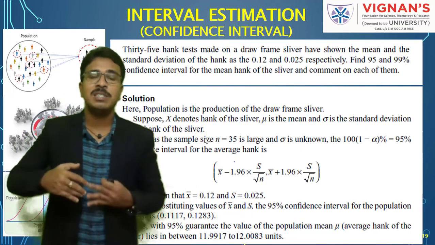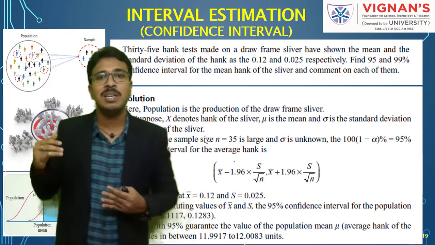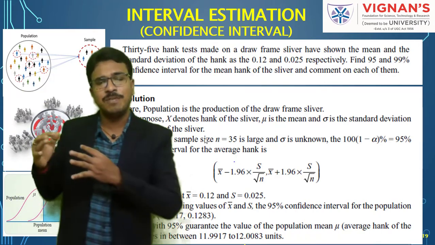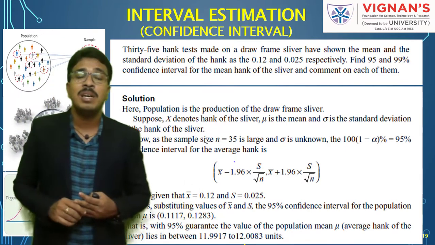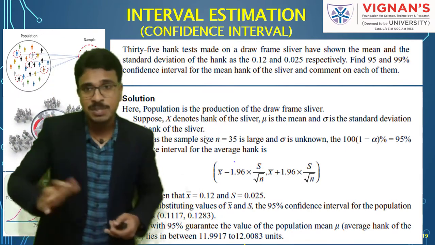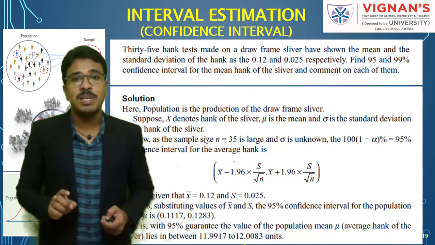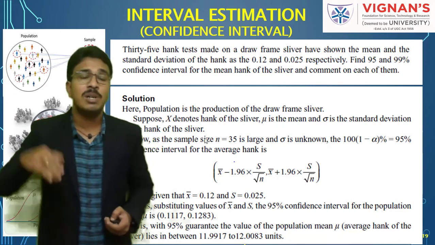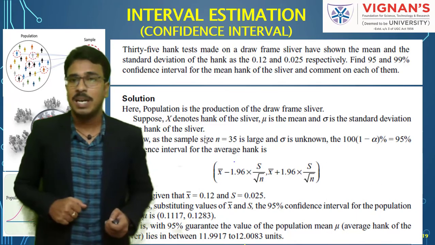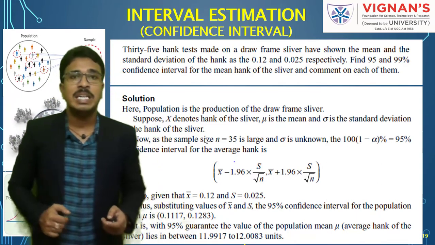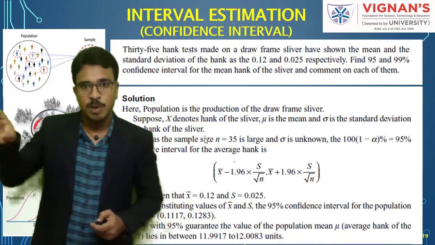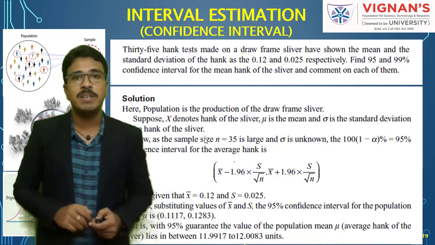When the confidence goes higher, obviously the chances of error are very, very less. Suppose, for example, you say at 99% confidence, obviously these units also will be more. Understand? So this is how we need to find the interval estimation of the population mean.